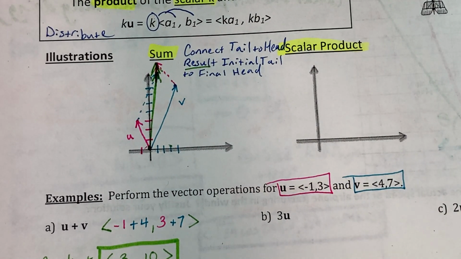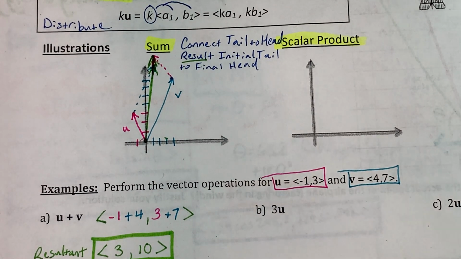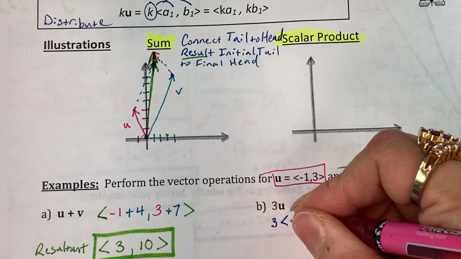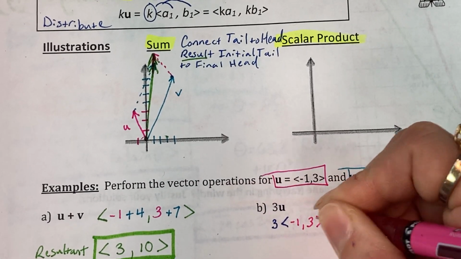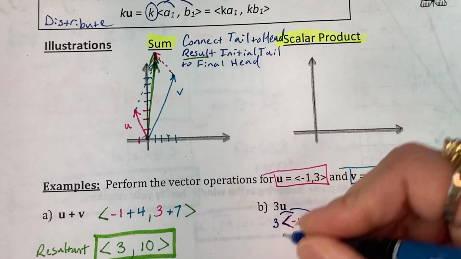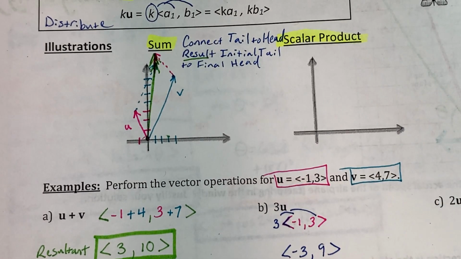Now, looking at B, if I wanted to multiply 3 times u, I would take that scalar 3, and I would distribute it to both components of vector u. So -1, 3. Distribute, and that gives me -3, 9 for my resultant vector.